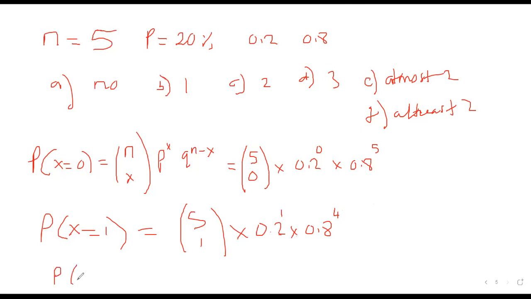How about X is equal to 2? Before we calculate, I just want you to understand how to do the input. That's where it starts from. So 5 combination 2. Who wants to help us? What are we going to have here? 0.2 times 0.8. So what comes here? 2.